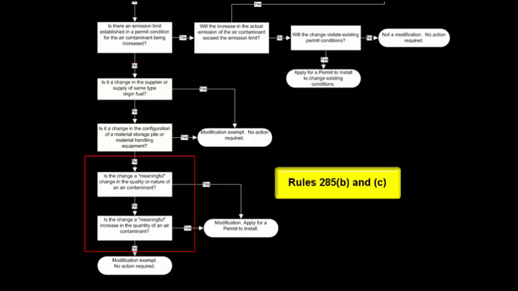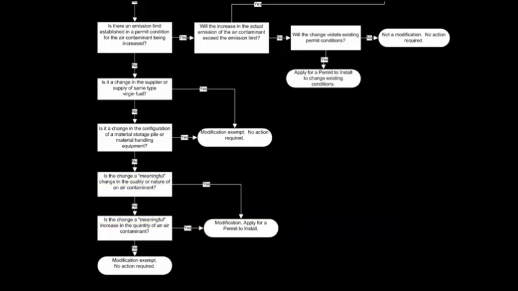If the modification does not fit any of those exemptions, determine if the modification results in a meaningful change in the quality or nature or meaningful increase in the quantity of an air contaminant. If not meaningful, the modification is exempt. If it is a meaningful change in the nature or a meaningful increase in the quantity of an air contaminant, then it is a modification that requires a permit to install.